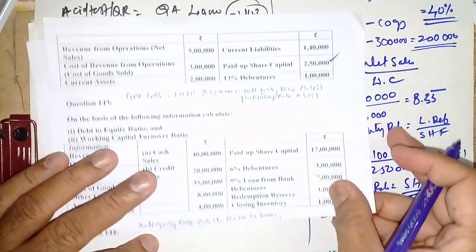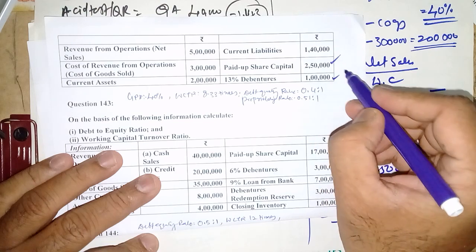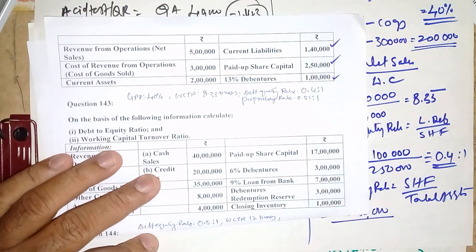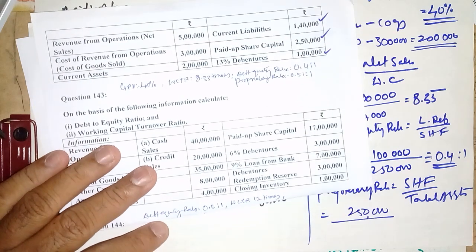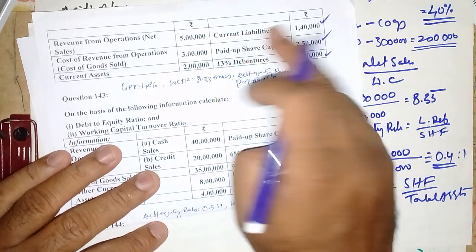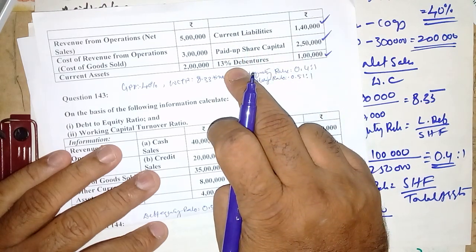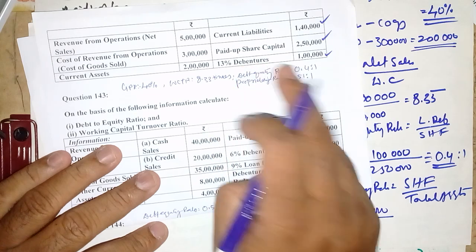In this case, total liabilities is equal to total assets. These three items belong to the liabilities part, so the summation of all these three items will be the total assets. When you add current liabilities, paid up capital and debenture, these three liabilities equal total liabilities, and liabilities equal total assets.